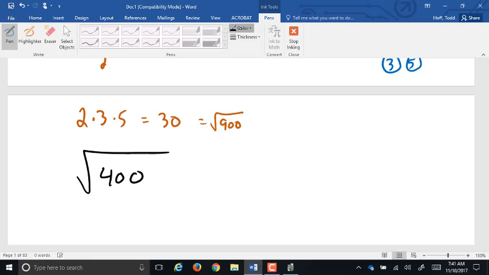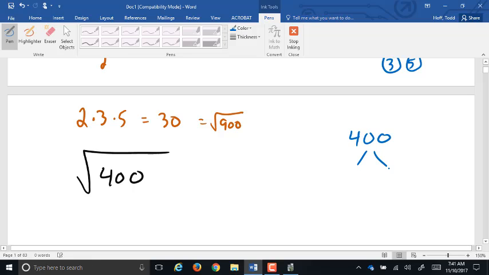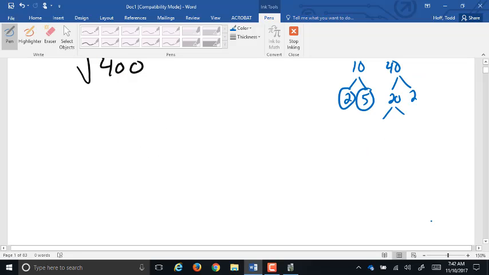Do the square root of 400. What's any factor of 400? 10 and 40. Okay, can 10 be split further? 2 and 5. 2, 5, 40. 20 and 2, 20. 4 and 5, 4. 2 and 2, 2. 5, 2.